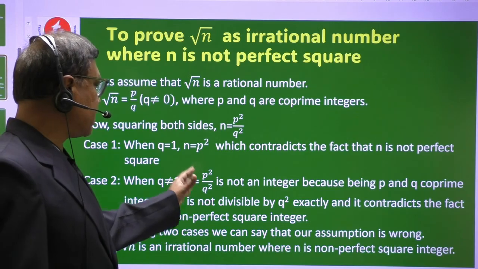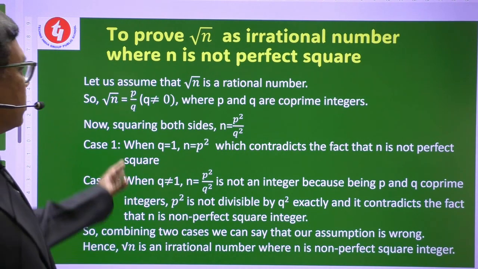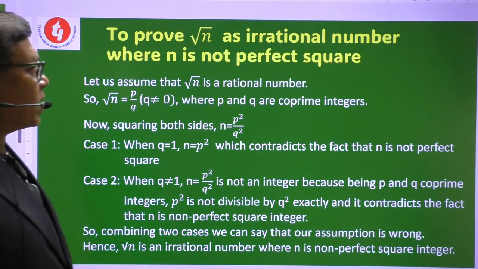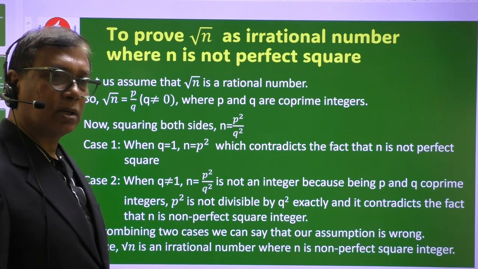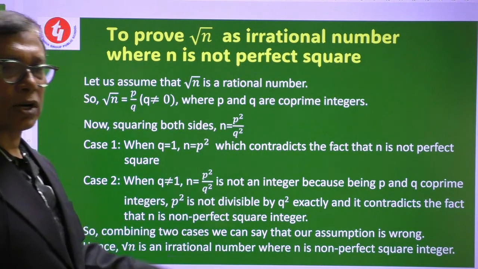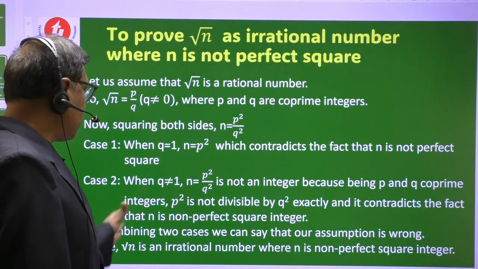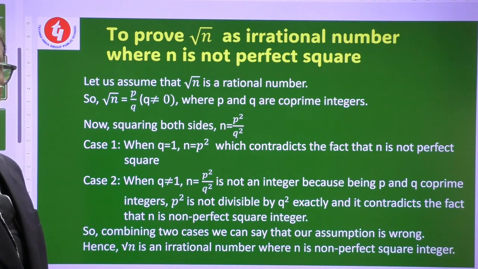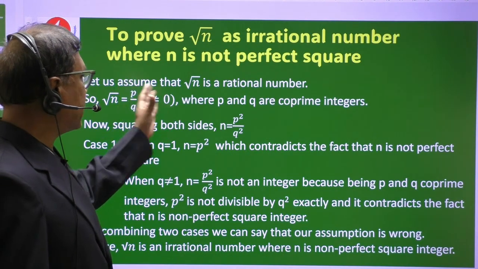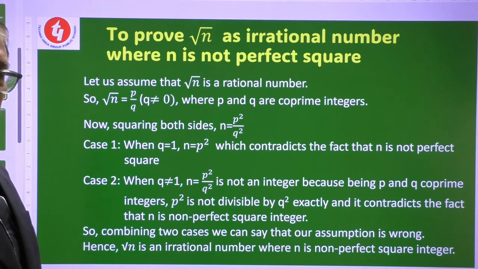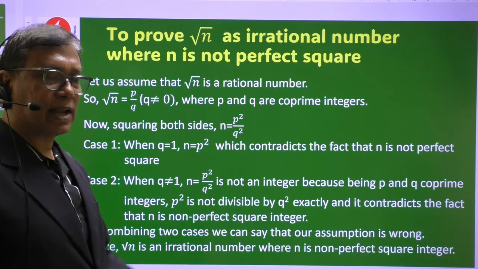That implies n is not an integer. But we know n is not a perfect square integer. So here also we are getting a contradiction. And due to this contradiction, we can say our assumption is wrong. So combining two cases, we can say that what we assumed, root n as a rational number, is wrong. Hence root n is an irrational number.